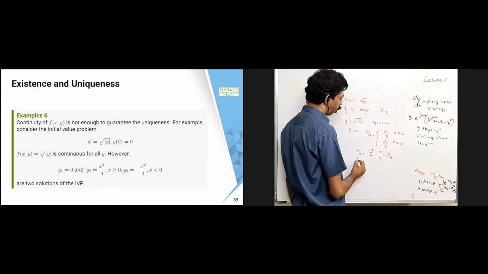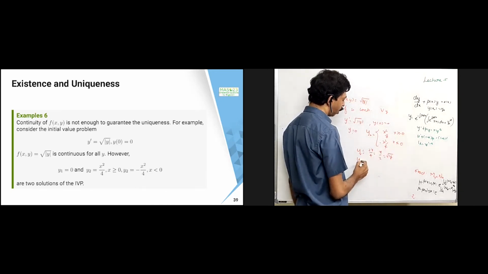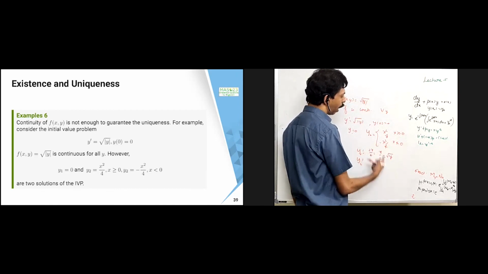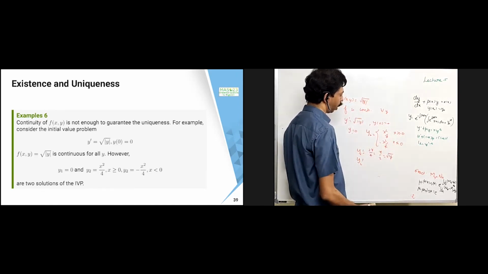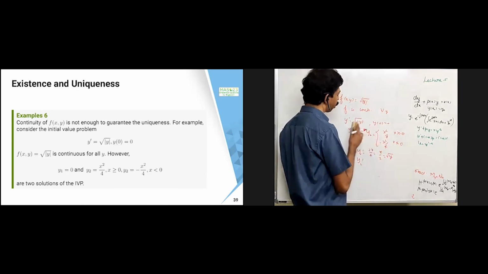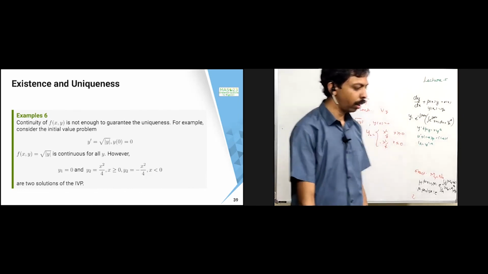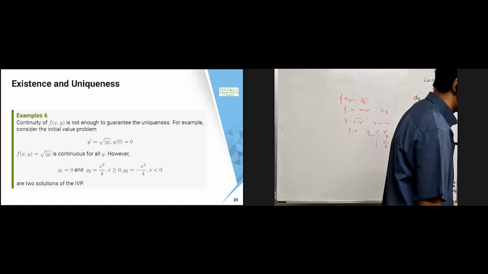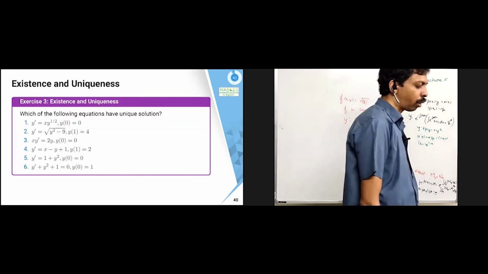On the other side, y2' is going to be minus 2x by 4, and again taking the modulus of y gives the same kind of answer. Therefore y2 is also a solution, and y1 is also a solution. So you are not going to get a unique solution for this problem. The two solutions of the IVP are there. Therefore, f(x, y) being continuous is not enough to guarantee uniqueness.